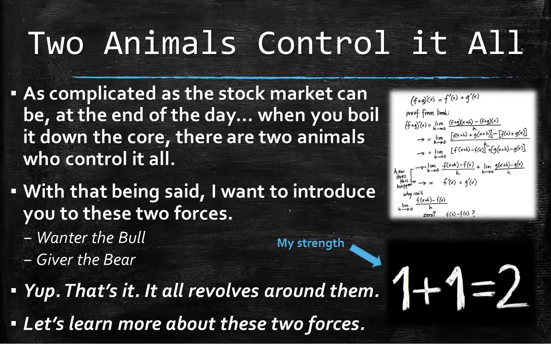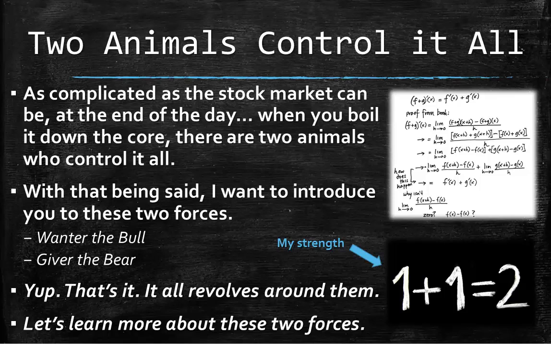Depending on how new you are, maybe you've heard the two stereotypical animals that are referred to as two sides of the equation. But at the end of the day, it's actually a very accurate picture of things, because really that's what controls everything.